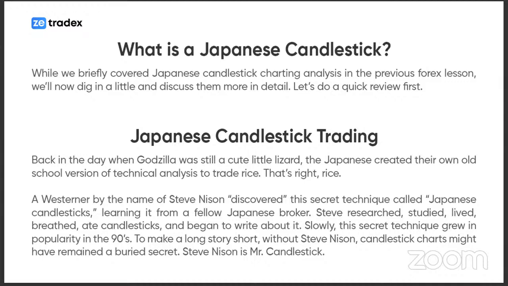We can arguably say that Steve Nison is Mr. Candlestick, of course, and he's the one who proposed the notion about having a direct understanding of the market with candlestick patterns. So for you to better understand what candlesticks are all about, it's just like your normal candle, which comes with wicks and all of that. So this gives a total and pure chart representation and understanding of the market. Next page, please.